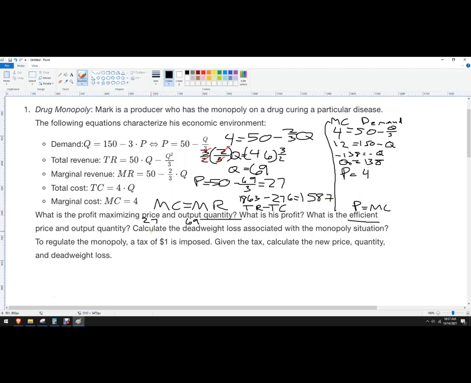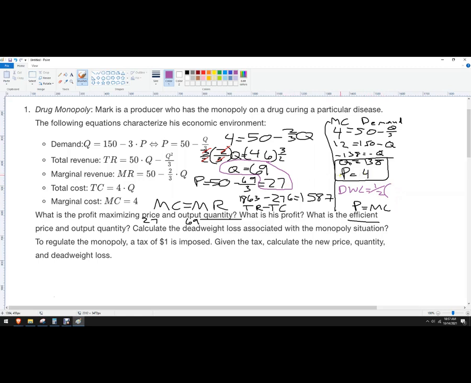Calculate the deadweight loss associated with the monopoly. This is the difference between this output and this output over here, the monopoly, where the price and quantity are that. It's a linear triangle. What you could do is graph this, but we'll just calculate it. Deadweight loss is 1/2 times the difference between the efficient price and the monopoly price.